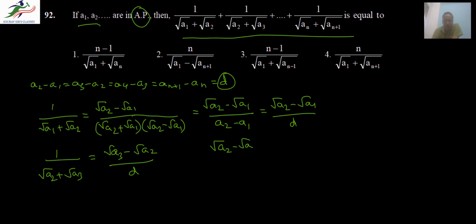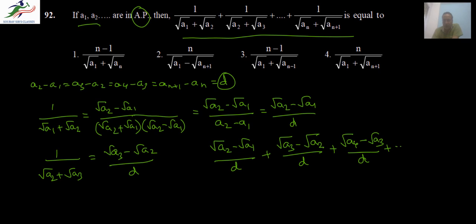So if I continue doing that, I will get the sum of the expression as root a2 minus root a1 by common difference d plus root a3 minus root a2 by common difference d plus root a4 minus root a3 by common difference d all the way up to root a(n+1) minus root an by common difference d.